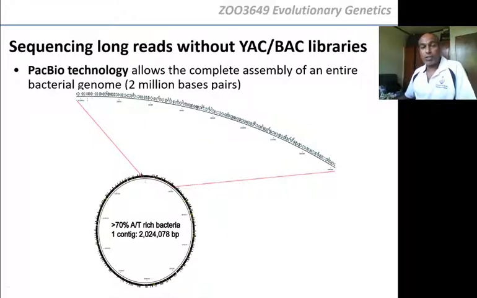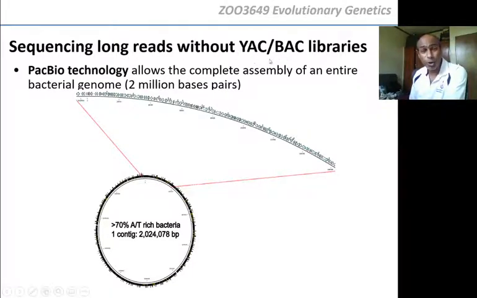The third generation, now next generation sequencing, is not just Illumina technology. That was the first kind, or one of the first kinds, sequencing tiny fragments. These guys at a place called PacBio in California have figured out how to sequence long reads without putting them into libraries.